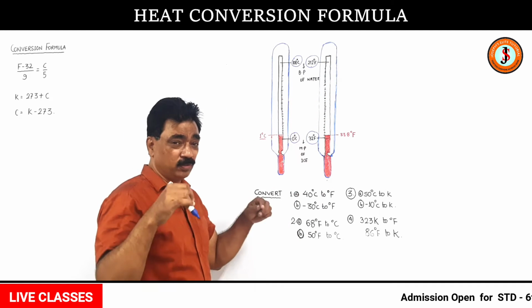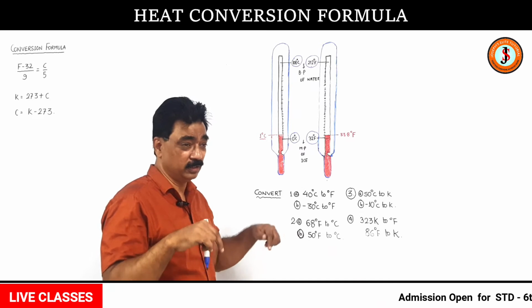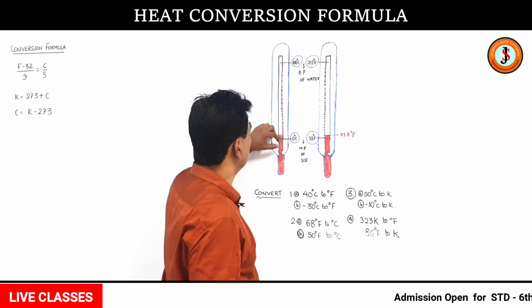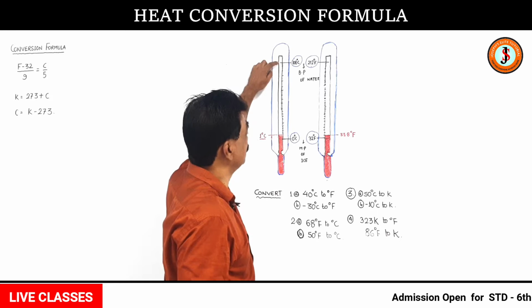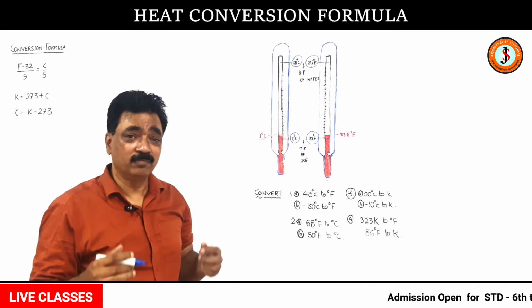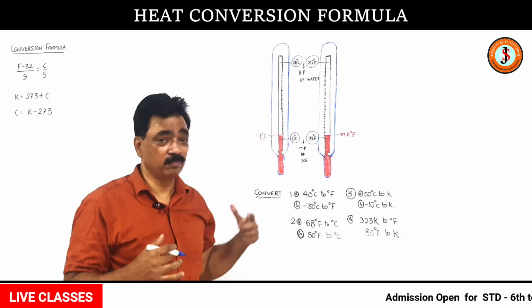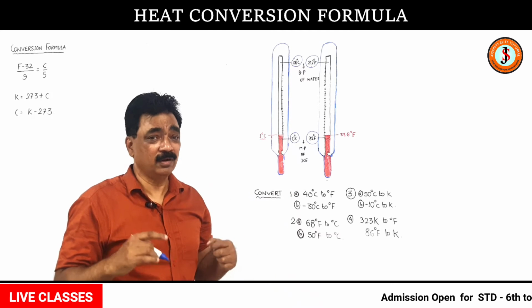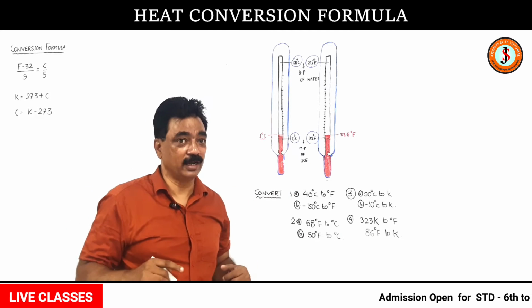So if I put both thermometers in boiling water, the mercury will rise up to 100 degree centigrade and up to 212 degree Fahrenheit in the individual thermometers. Did you all understand that? That is number one thing to be understood nicely.